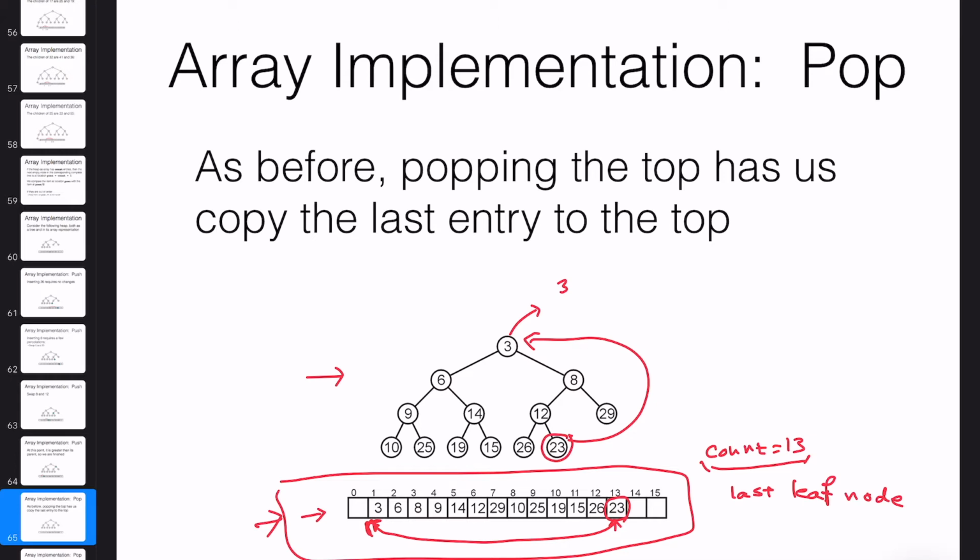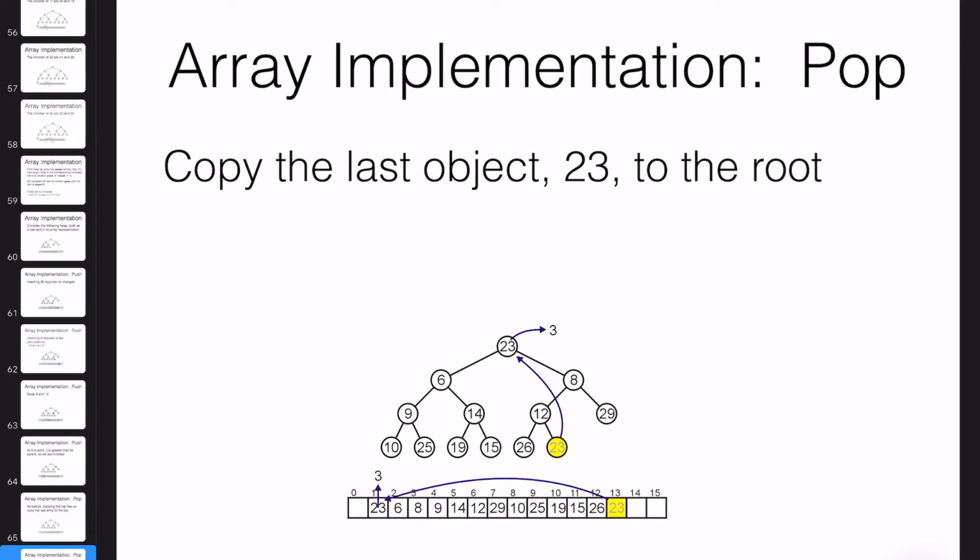After you do that, you have to decrease the count as well. The count is going to be 12 because you already removed this node, right? You keep the 3 in some temporary variable, then you copy the value at index count to index 1, and then you decrease the count.